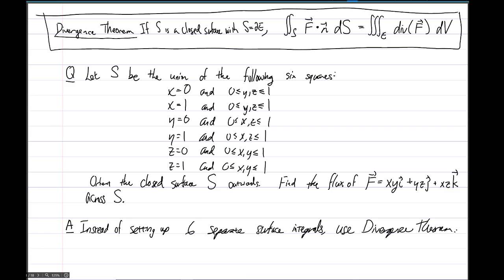Because, I don't know about you, but setting up 6 double integrals, no matter how nice they are, sounds a bit tedious. Sounds a little bit like it'll be easy to lose track of something. By the way, oriented outwards is the appropriate orientation. It's the compatible orientation, so to speak. We'll dig into more of that a little bit later.